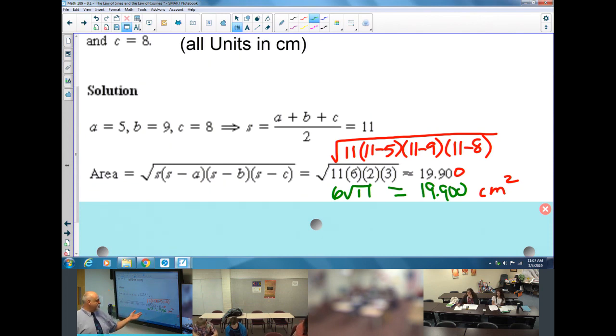So there's going to be squared centimeters on this one since it's area. All right. So anyone have any questions on that? Does anyone have any questions there on 8.1? Anything on the sheet that you'd like me to go over? Or any problems you've been working on that you'd like me to review?